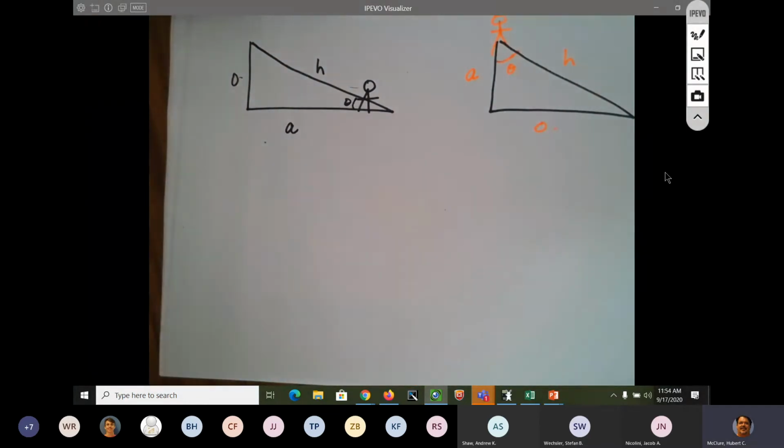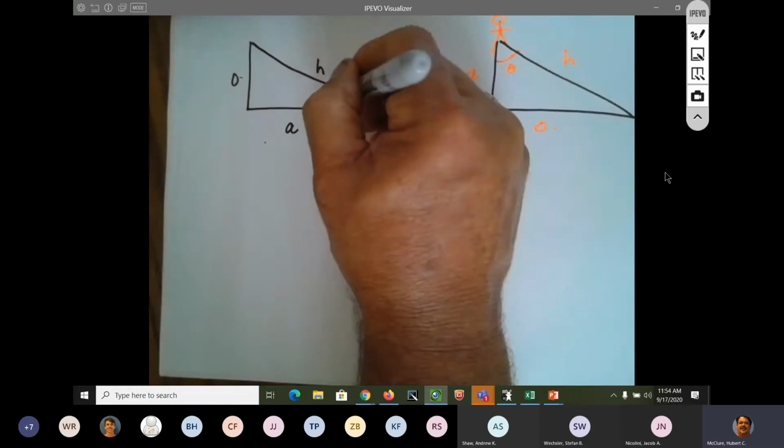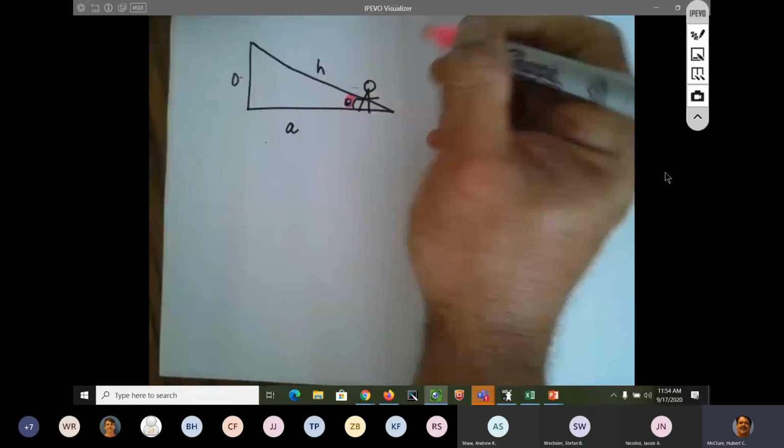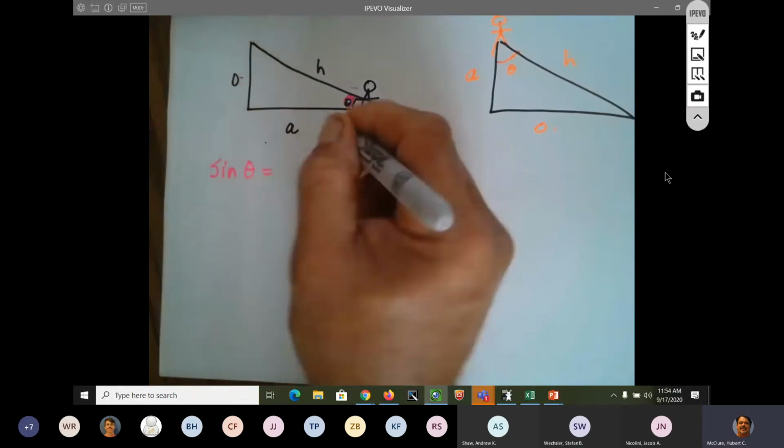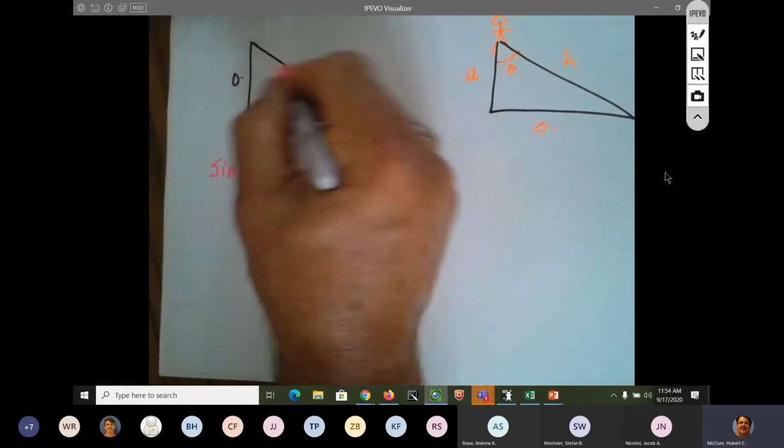So let's talk about this. The sine, I'm going to use pink on this one. The sine of this theta is equal to Oscar had.